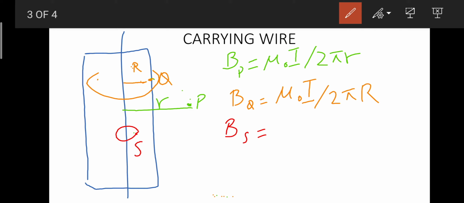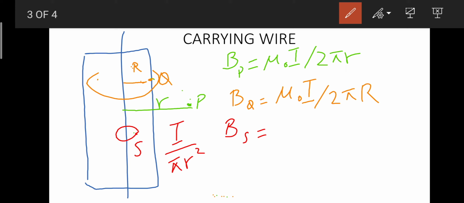And we see that the I flowing through this loop is divided by the surface area of that wire, which is a circular one. So through the whole surface area of this wire, current is flowing.